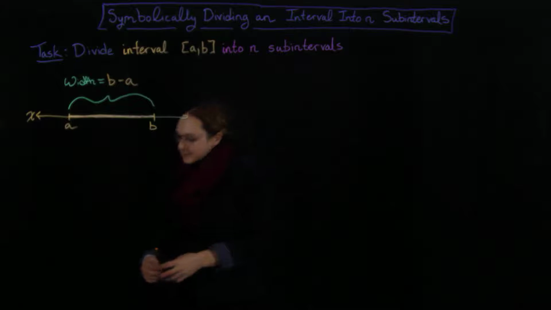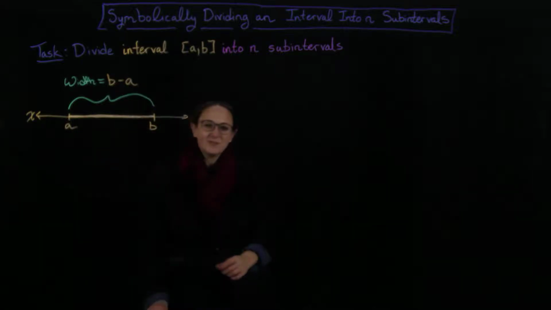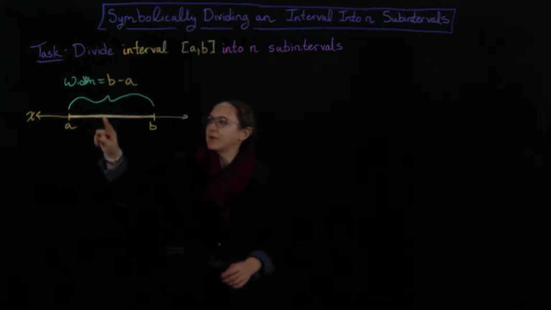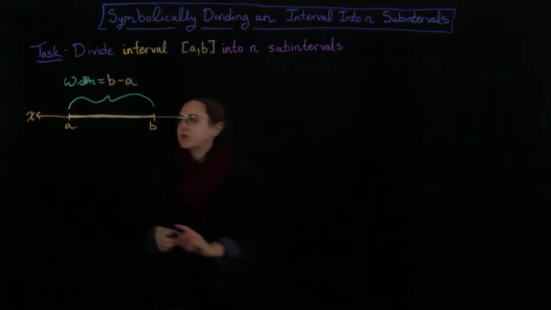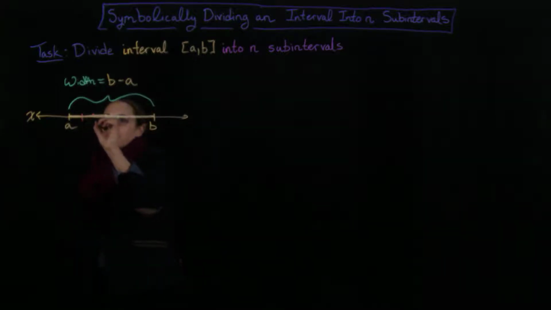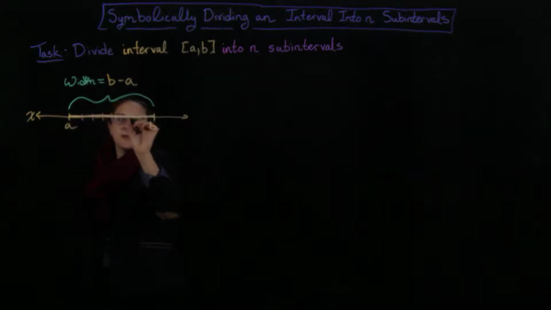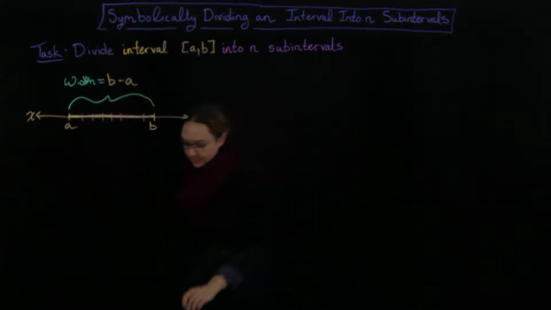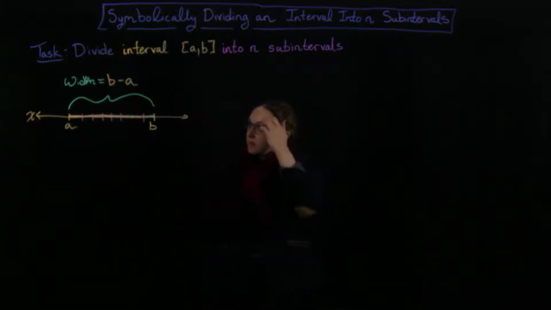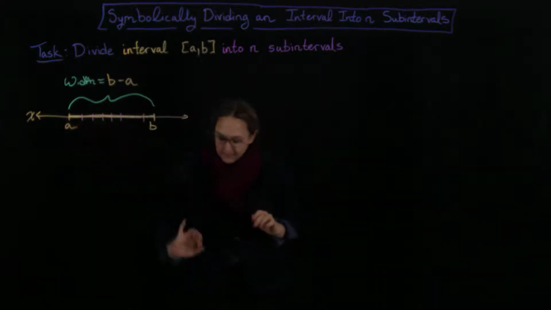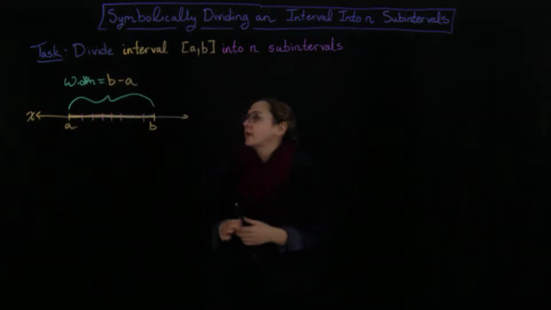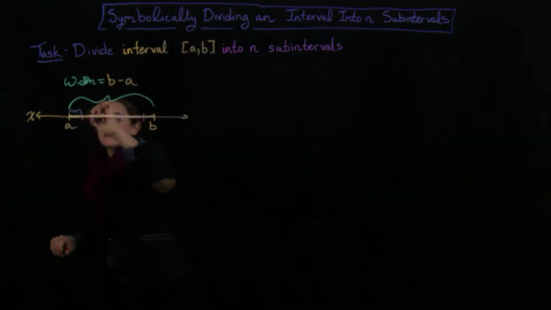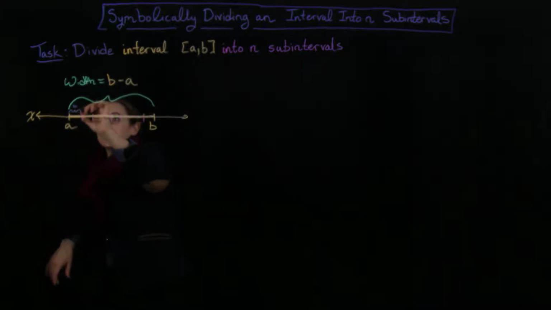Now, what if I wanted to divide this into n pieces, however many there are? I want to know the width of one of these pieces so I can start figuring out where the next dividing point is, the next dividing point, and the next. So that's the width of the whole thing, but I want the width of just one of these. How do I figure out this width?